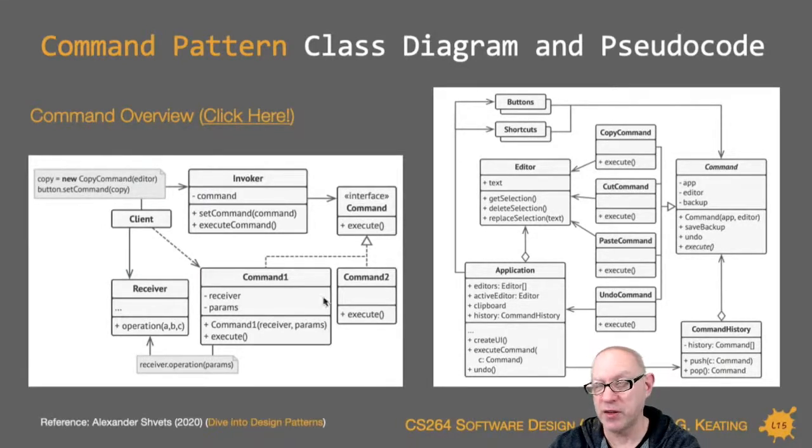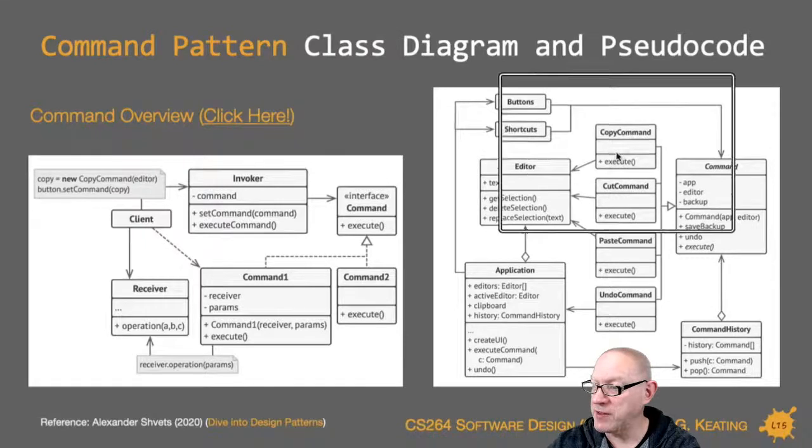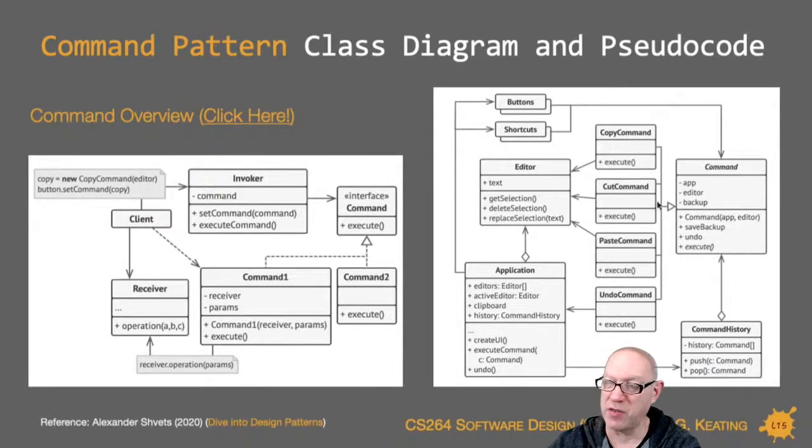That's pretty much it. So, for example, if we look on the right here, we have a command here, which is a command. And then we have this command history, which is nice. That allows us to be able to undo and redo. We have command, which is a realization of command. This is like an interface, if you like. We've got copy, cut, paste, and undo.